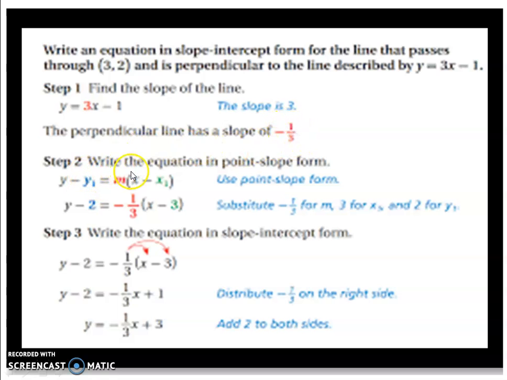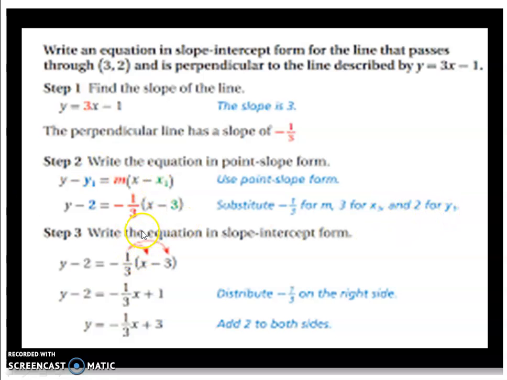So we come to step number 2. Write the equation in slope point form: y minus y1 is equal to m in bracket x minus x1. We know that 3, 2 is the x1, y1 point given and our m is minus 1 upon 3. So y minus 2, m is minus 1 upon 3, x minus 3, substituting 3 as x1 and 2 as y1.